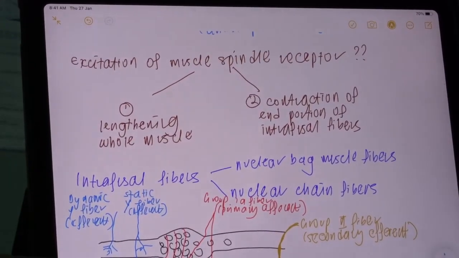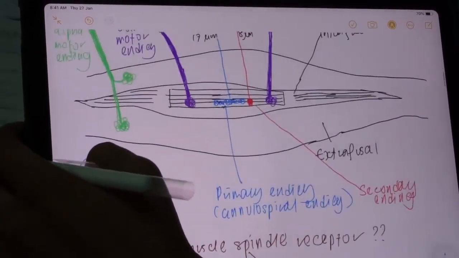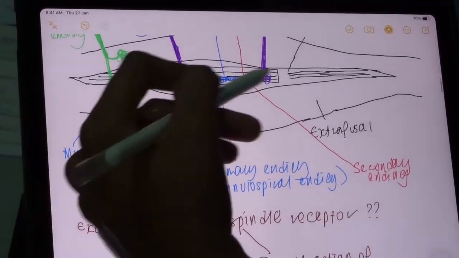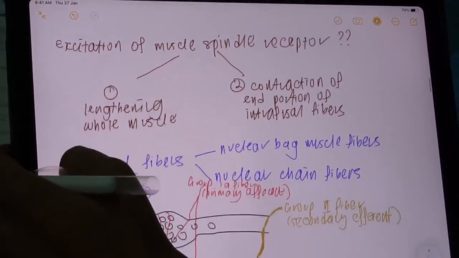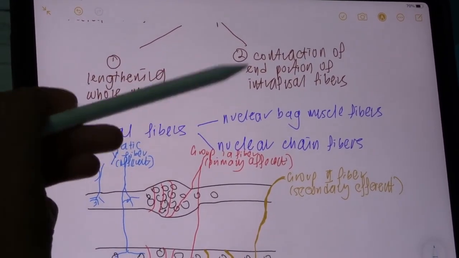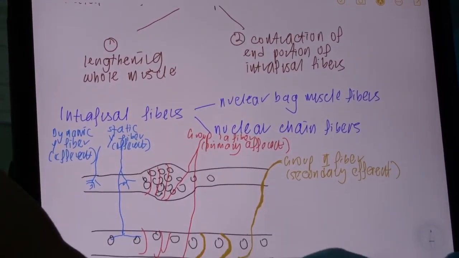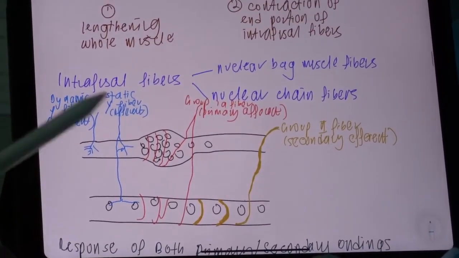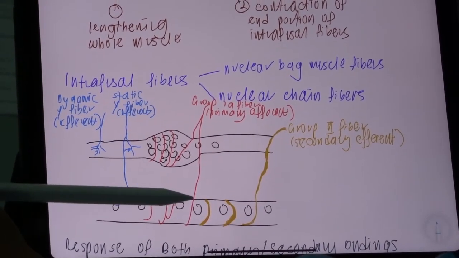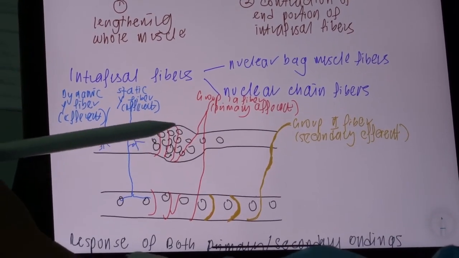Another thing I'm going to talk about is the intrafusal fibers. As I mentioned, the extrafusal is the outer and the intrafusal is the inside. The intrafusal has two types: nuclear bag muscle fibers and nuclear chain fibers. In this picture, this is the nuclear bag fiber and this is the nuclear chain fiber.